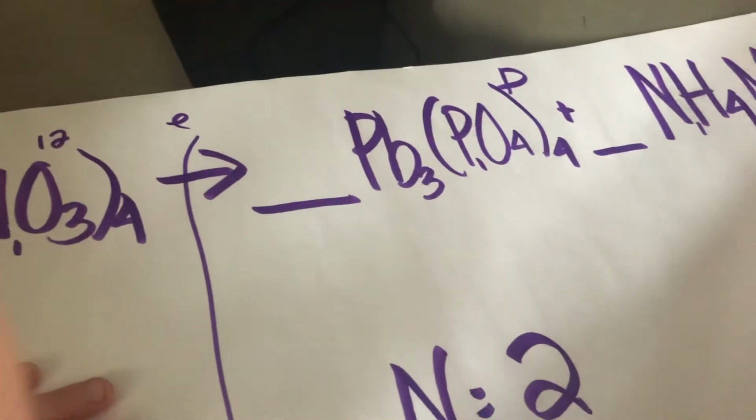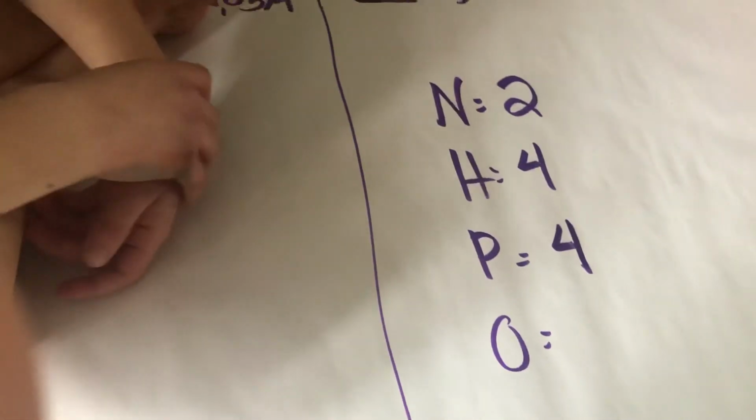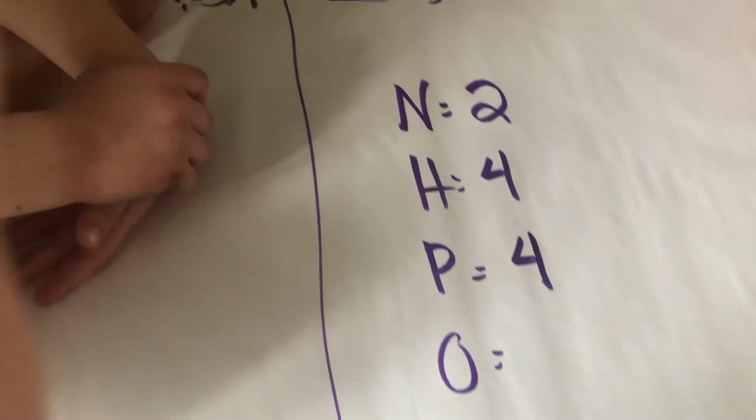Phosphorus. I have 1 in the parentheses, but I have 4 of those parentheses. So that's like having 4 number 5s. I'm gonna get 4 hamburgers, right? So I have 4 times 1 gives me 4 phosphorus. Okay, oxygens now.